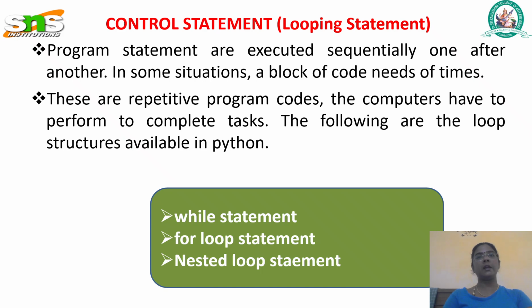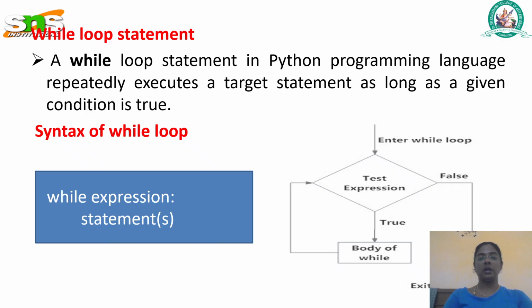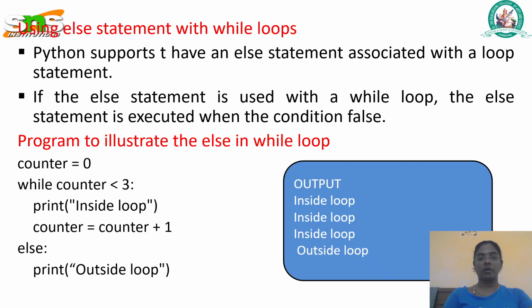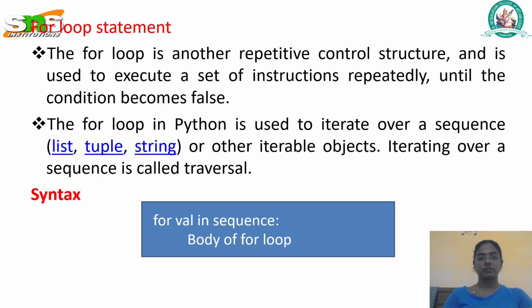The while loop is an entry control loop. It checks the condition at the beginning of the execution itself, whether the condition is true or false. Then the for loop: for value in sequence.